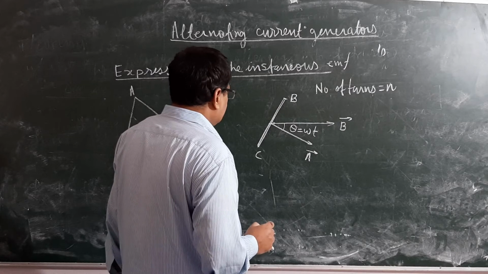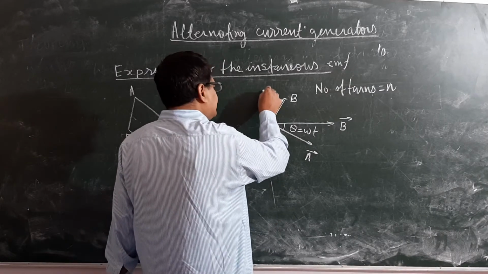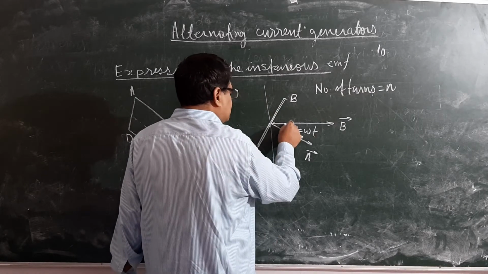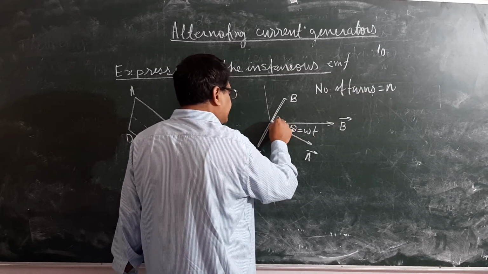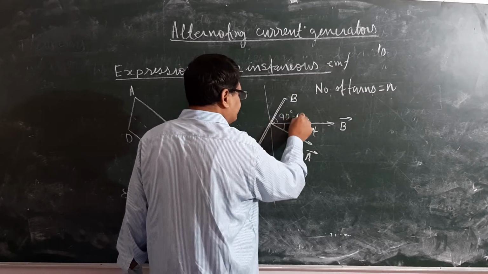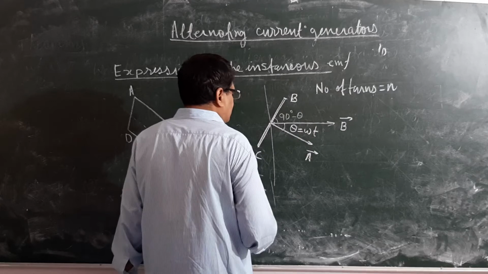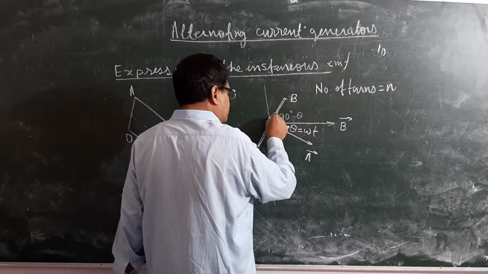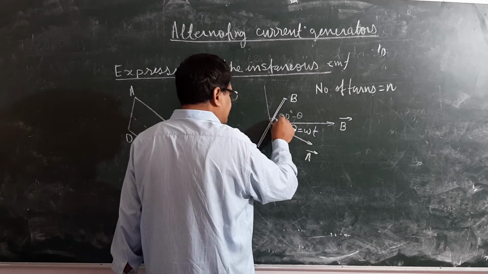Now, suppose we draw a vertical line like this. Now, if this is angle theta and this is 90 degrees, obviously this angle is 90 degrees minus theta. Once again, this is the horizontal direction, this is the vertical direction. So this is 90 degrees and this is 90 degrees minus theta.